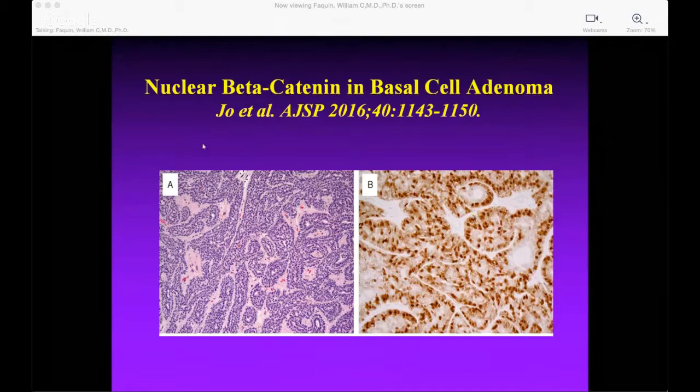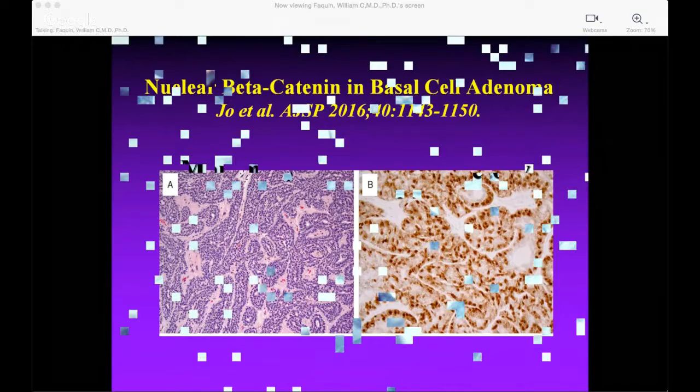And this is an image from their paper in AJSP showing one of these basal cell adenomas and the nuclear staining with beta-catenin. And I've actually used this immunohistochemical marker several times in the last few months here at MGH and found it very helpful for giving me something objective to confirm the diagnosis of a basal cell adenoma.